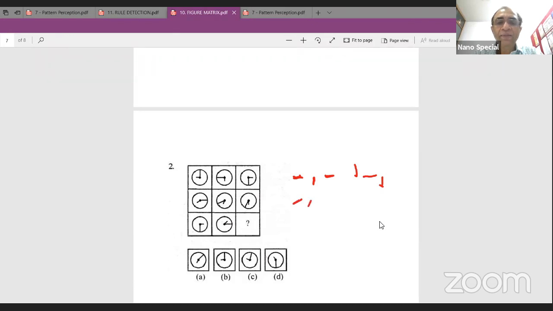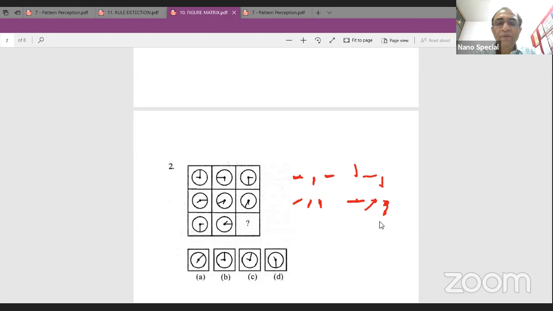Then it has become like this. And then it has become like this. Okay. The minute hand is like this. Then it has become like this. And like this. Starting from this.